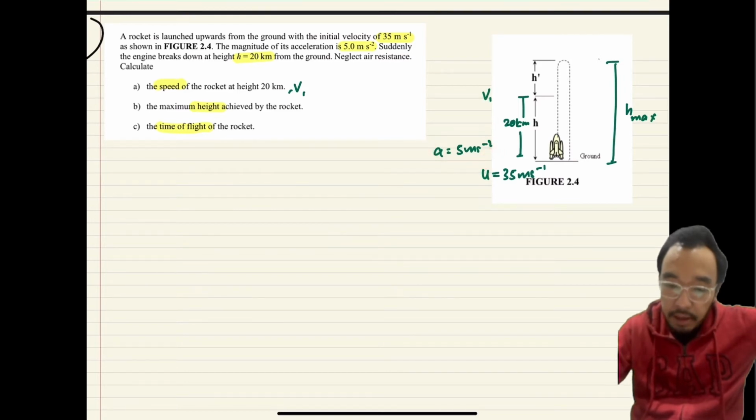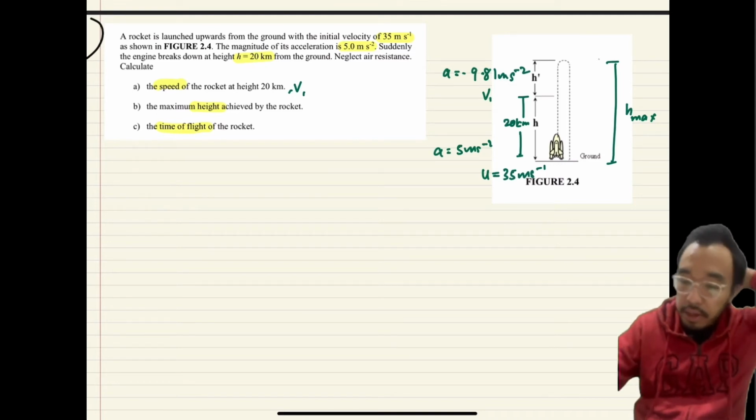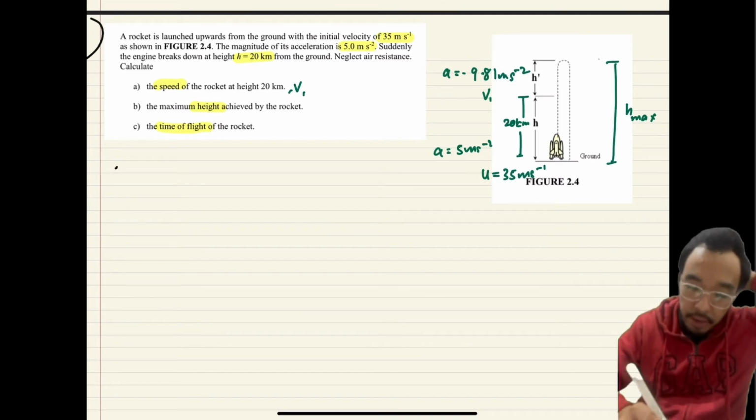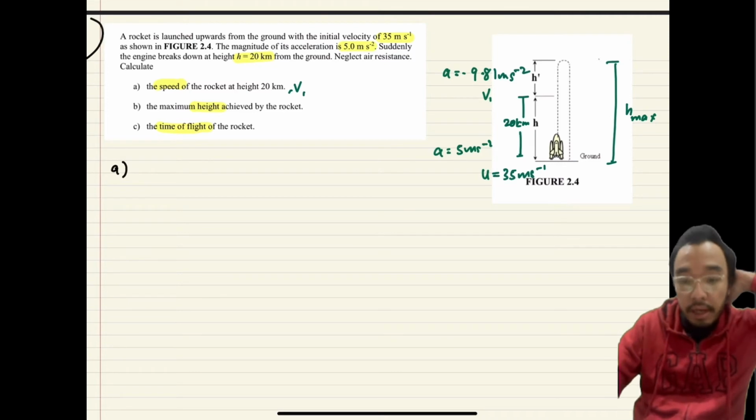After that, the engine breaks down, so basically the rocket will undergo acceleration of negative 9.81, which is the gravitational acceleration. And the last one, the question asks you to find the time of the flight. Okay, I think it should be okay. Quite straightforward as well. So we start with A. Speed of the rocket at the height of 20 kilometers.